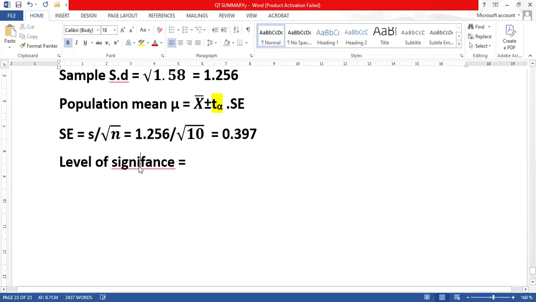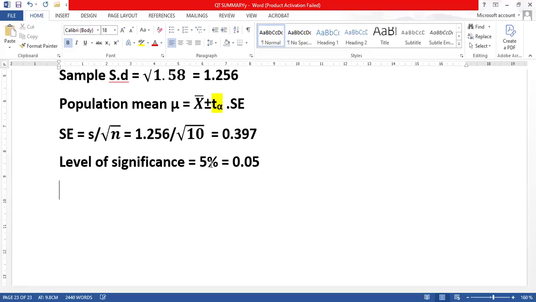What is the percentage? 5%. It was given 5%, which is the same as 0.05.